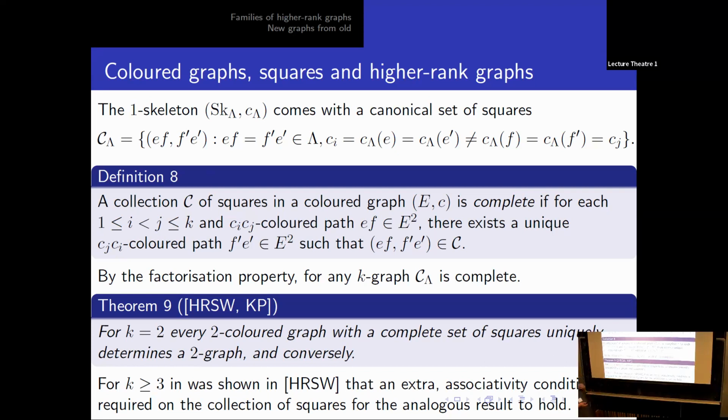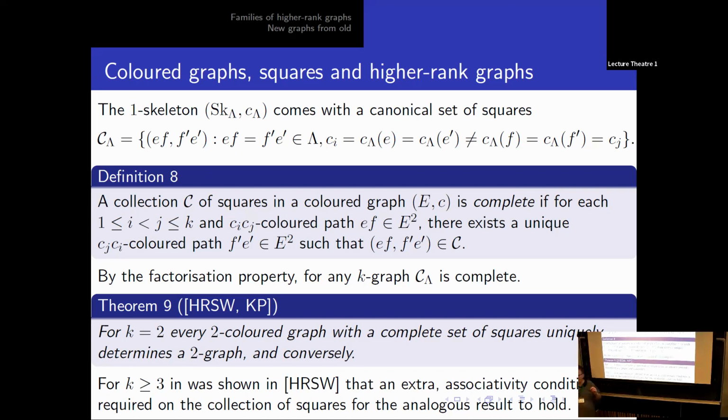And what about K bigger than 2? Well, we run across our old chestnut, the associativity condition. There's an extra condition called the associativity condition, which again, I'm not going to write down. You can look it up in HRSW. This condition is about paths of length 3 that use 3 colors, and about switching those colors around in 2 different ways to build a cube.